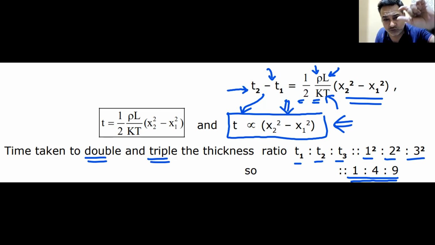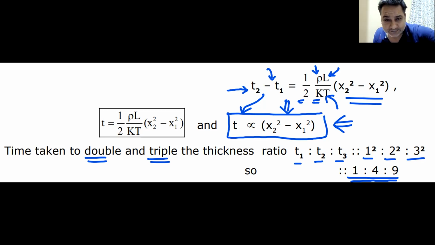So if I have 2 centimeter of ice and to make it from 2 to 4, the time taken will be 4 times. Do we understand this? If I take 5 seconds to grow the layer to 2 centimeters, it will take 5 into 4, 20 seconds to make the layer from 2 centimeter to 4 centimeter.